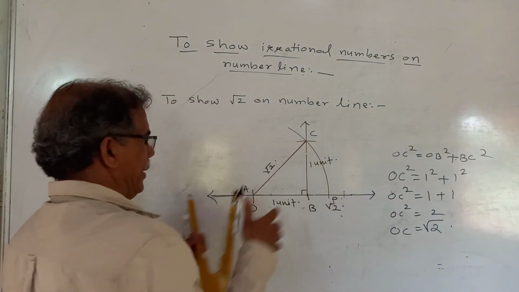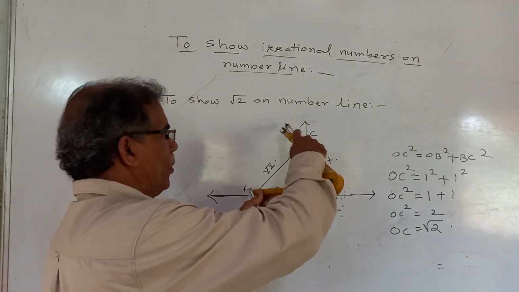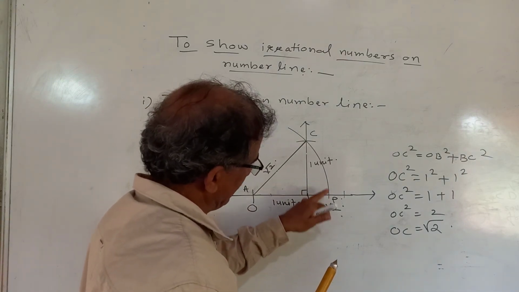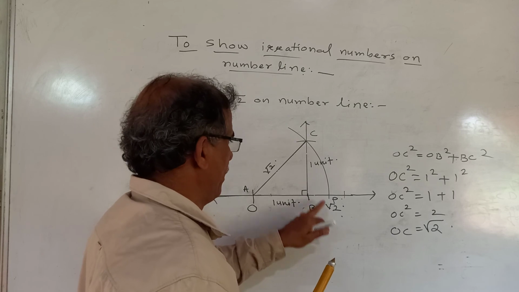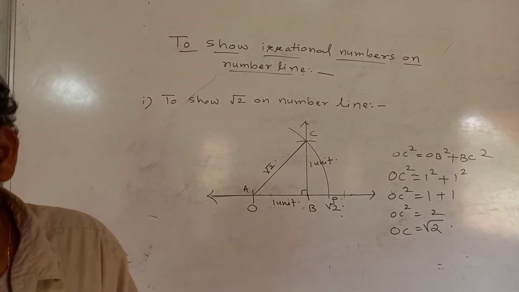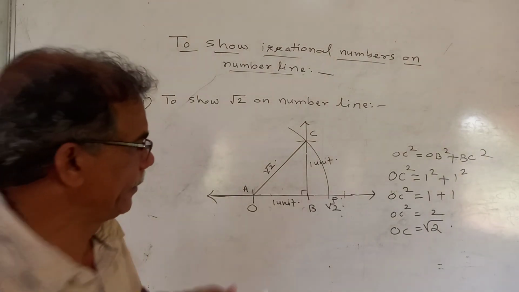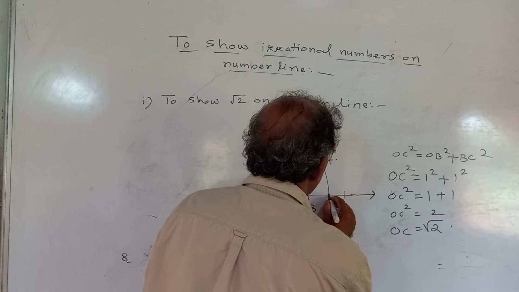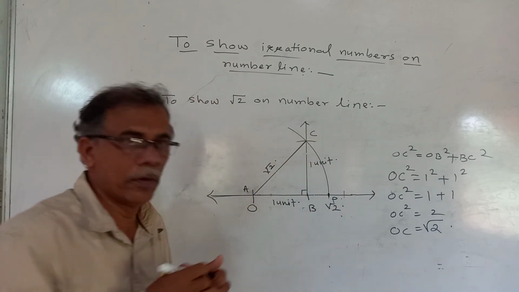Then join AC, and taking AC as radius you draw the arc which intersects your line. That particular point represents root 2 on the number line. Okay, so this point indicates what? Root 2. Okay.